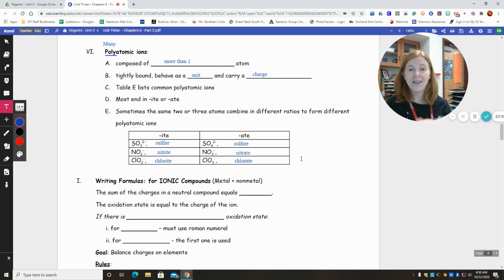Fair warning, naming typically tends to be one of the more difficult units because it's one of those things that you either get it or you didn't put the work in and you don't, okay? I say that not to scare you.